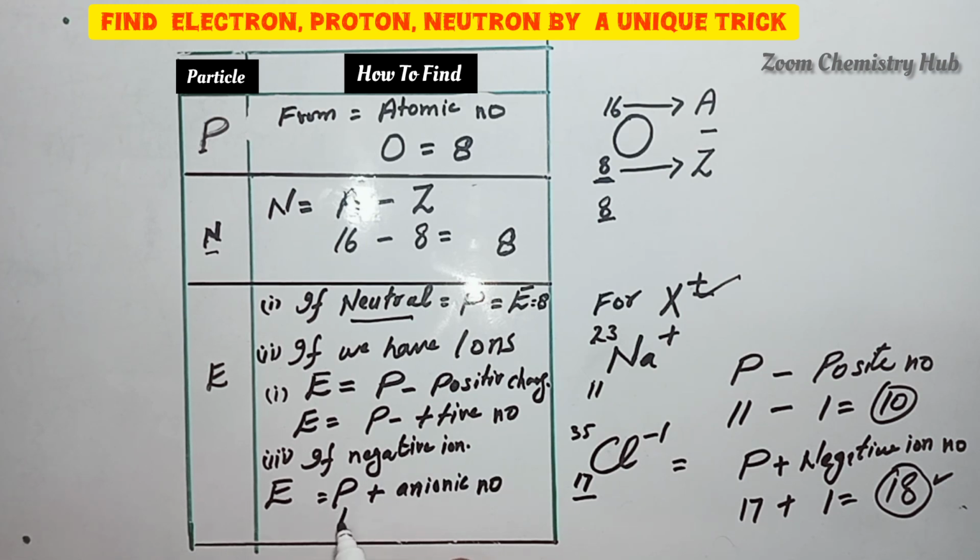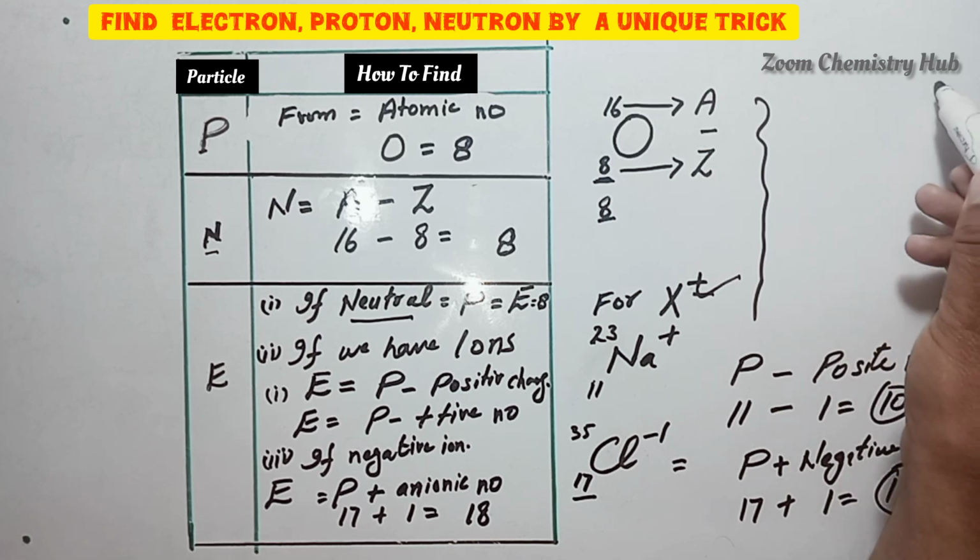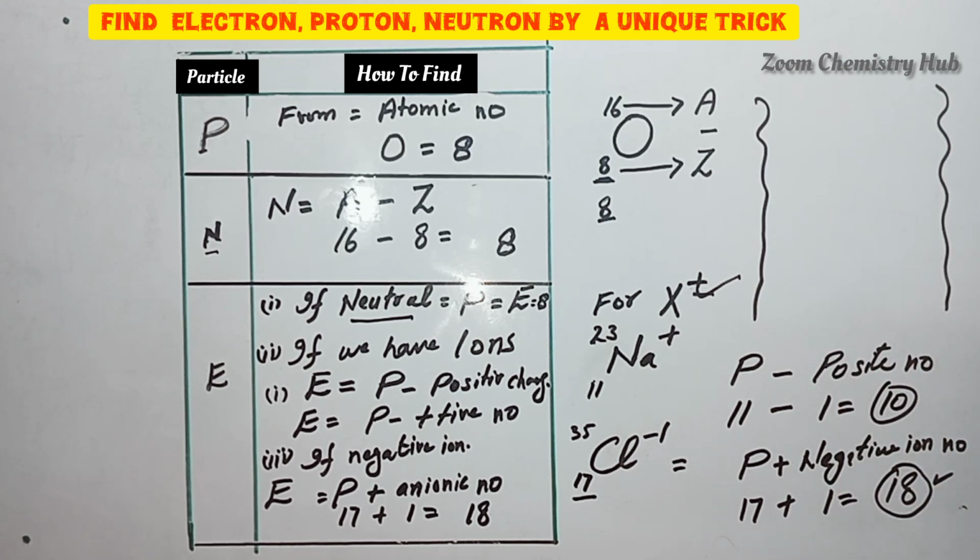So for chloride the proton number is 17 and the ionic number is 1, we get the number of electron is 18. So we have a simple trick to find the number of electron in an ion.